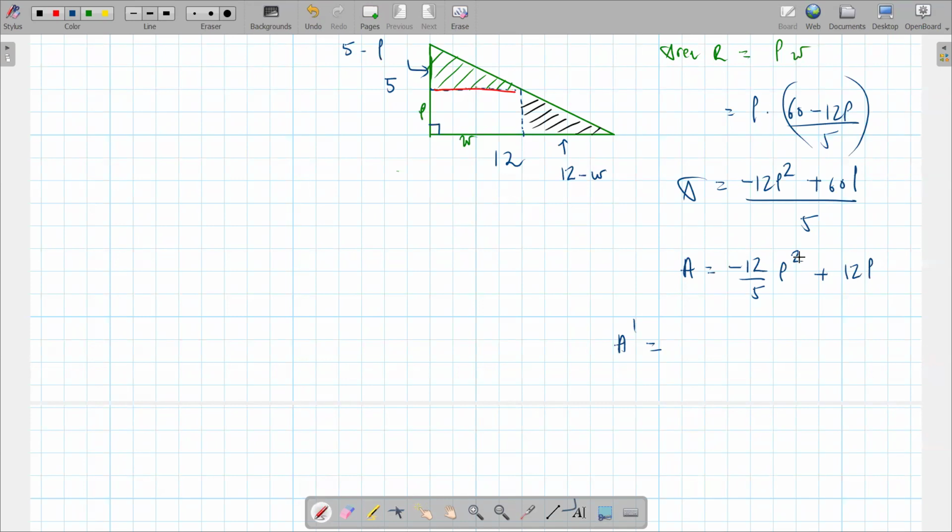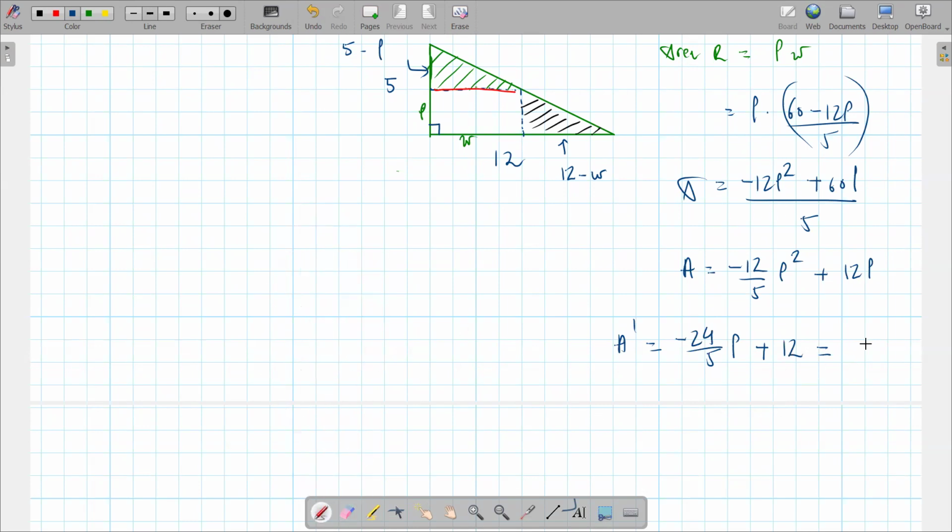It's very simple. Negative 24 over 5L, plus, what's the derivative of 12L? The letter disappears. It's 12. And what is the first derivative always equal to in optimization? 0, right? We know there's going to be a turning point somewhere.